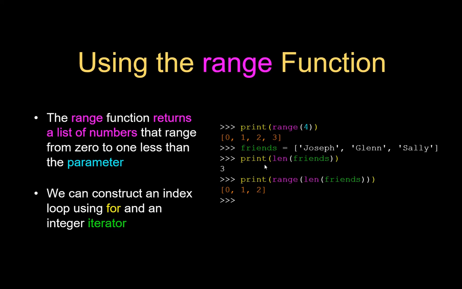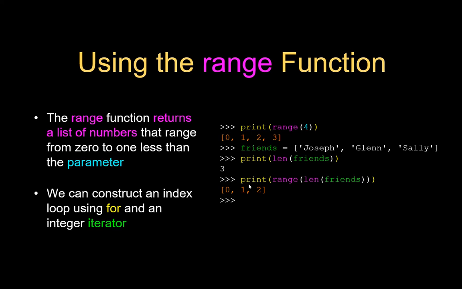Another example is we have a list of 3 values. We use the len function to get the length of the friends list, and that's 3. And we use the same range function to create a list with that length, which is 3.